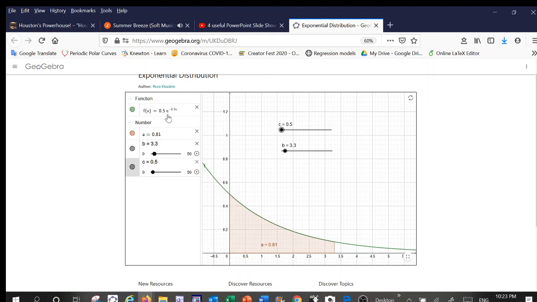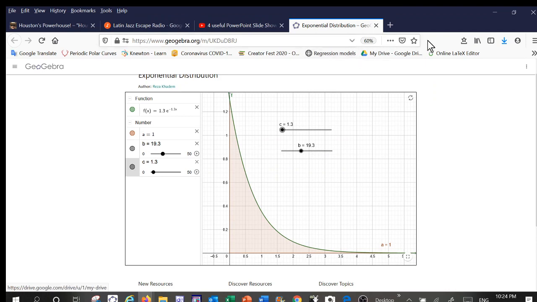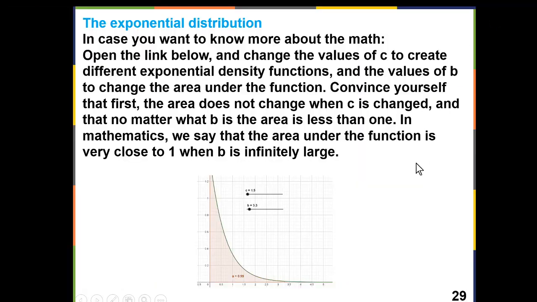You see 0.5 e to negative 0.5 x. So if m is 0.5, then the exponential distribution looks like this, and this is just the area under it all the way to infinity, you see. We can change that, and that changes. You see that? The general shape of it remains the same. So that's the distribution that we are talking about.